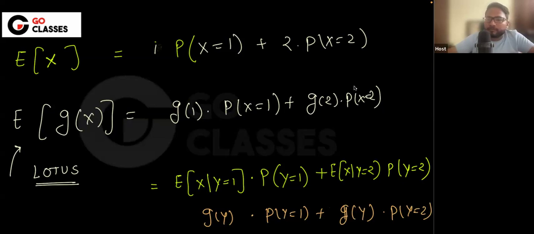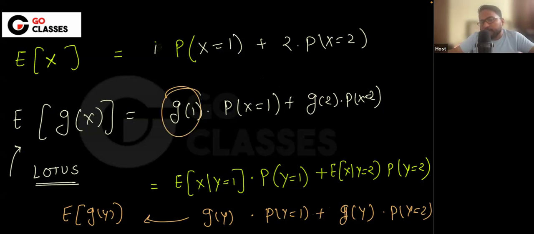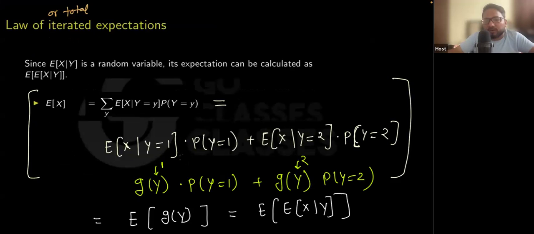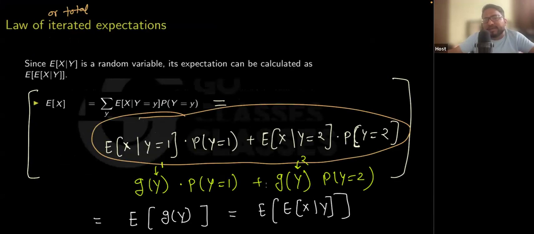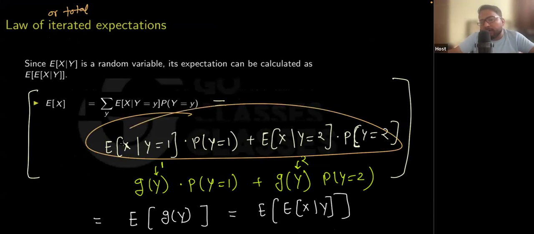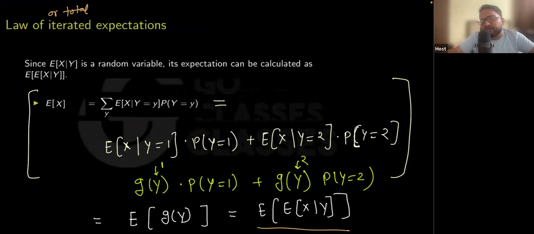Tell me, isn't it the expectation of g of y? Right? So expectation of any quantity is nothing but, let's suppose this is a function of x, the probability of x being 1 into g of 1, plus probability of x being 2 into g of 2. So if you're writing something like this, then can't you look at it just like the expectation of this quantity itself? Can't you look at this formula as an expectation of this quantity itself? There is nothing wrong in this, right? It's just a way of looking. Is this way of looking fine to everyone?